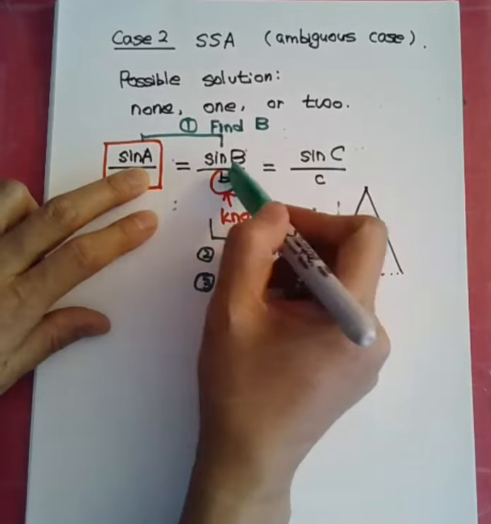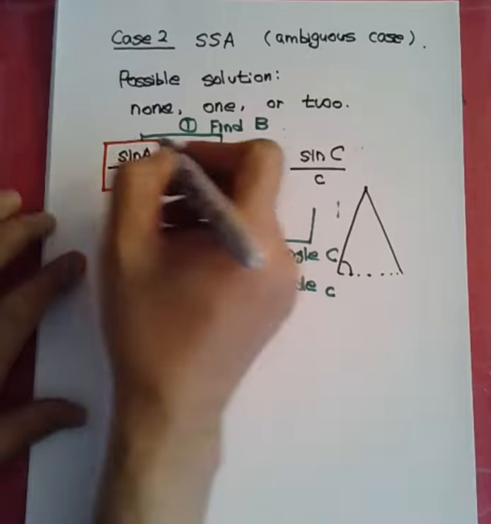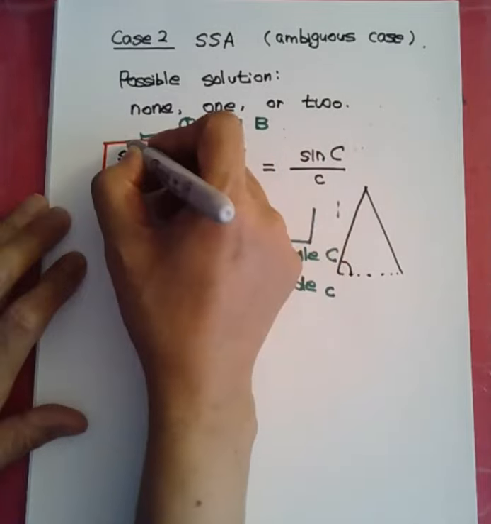But at this stage, we may have no angle, or one angle, or two angles. Let's see why that happens. Firstly, what we know is a sine of A, sine of B, sine of C, all of them are positive numbers.